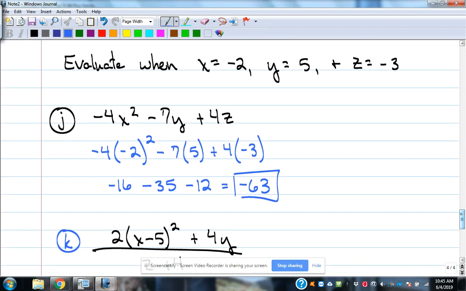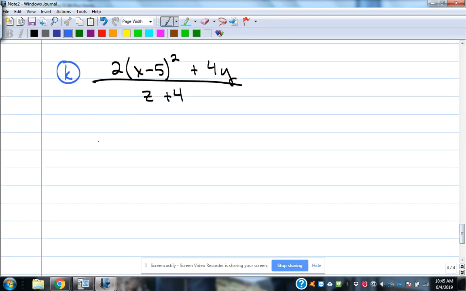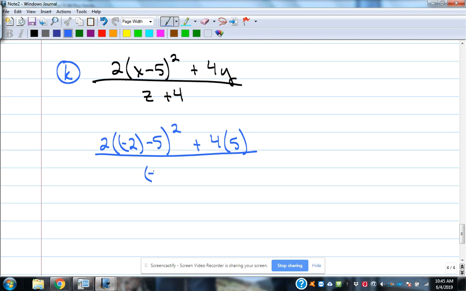I know x is still negative 2, y is 5, and z is negative 3. So I'm going to say 2 parentheses, and then I'm going to say negative 2 minus 5 squared. And I'm putting in an extra set of parentheses there just to be safe, plus 4 parentheses 5. And then z is negative 3 plus 4.